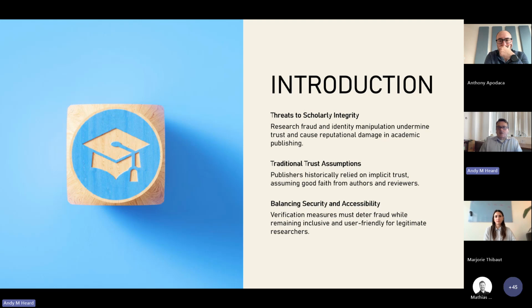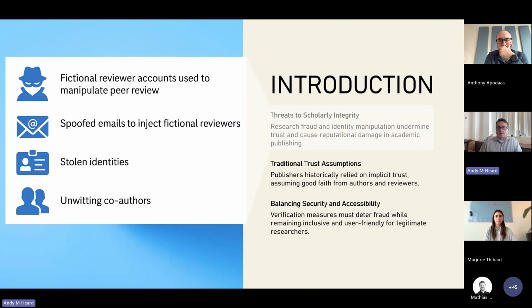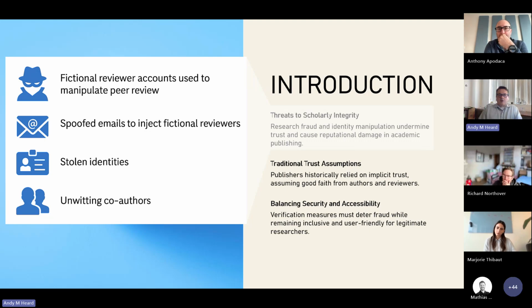One thing to note is, I thought maybe it would be useful to cite a few examples. For publishers in the audience, particularly if you work within publishing ethics, these examples will be familiar to you. I think they're endemic, where a fictional reviewer account is created by someone within the editorial chain of command to insert reviewers to manipulate peer review.